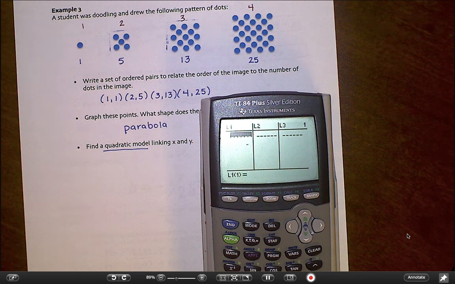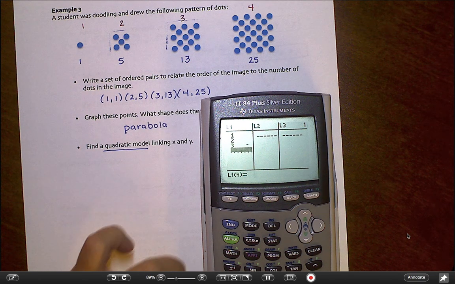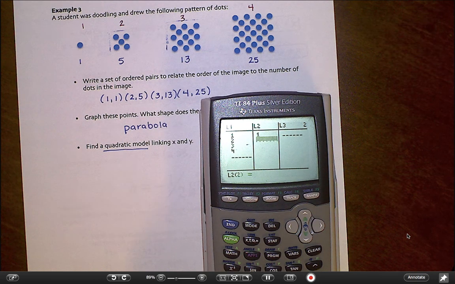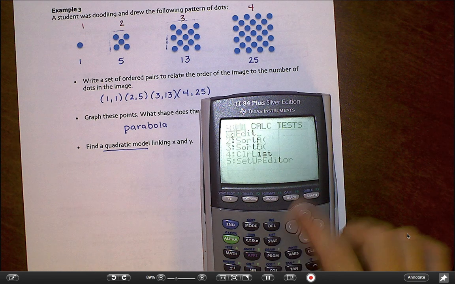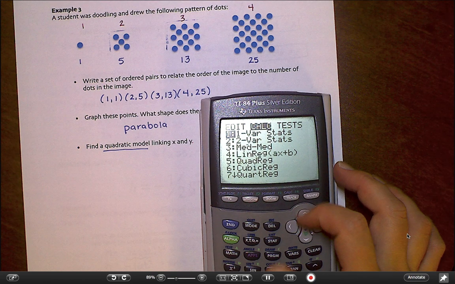Okay. In L1, I'm going to put my image numbers. So I'm just going to do 1, 2, 3, and 4. In L2, I'm going to put the number of dots. So that's 1, 5, 13, and 25. Okay. Now remember, modeling means we're doing some sort of regression. So I'm going to go to Stat and Calc. Now I'm not doing linear regression this time, and I'm not doing exponential regression.